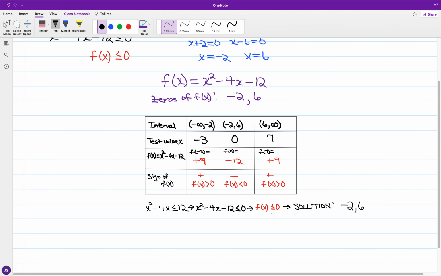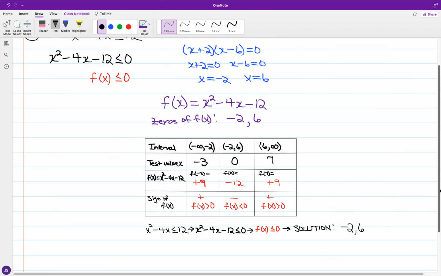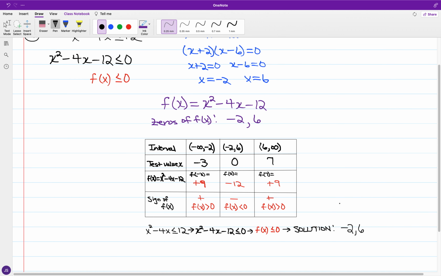With the equal sign, there is the possibility of brackets in the mix. And since both negative 2 and 6 create the situation where the function is equal to 0, both values will be in brackets.